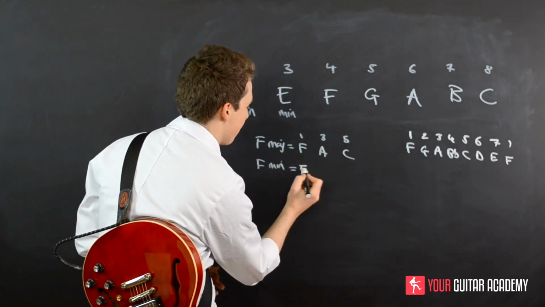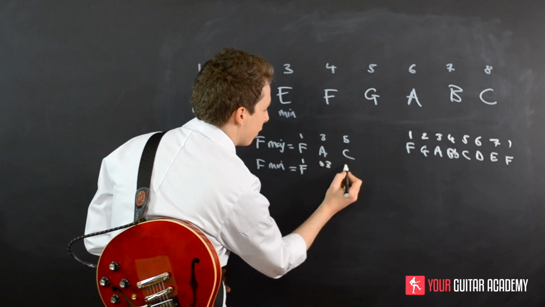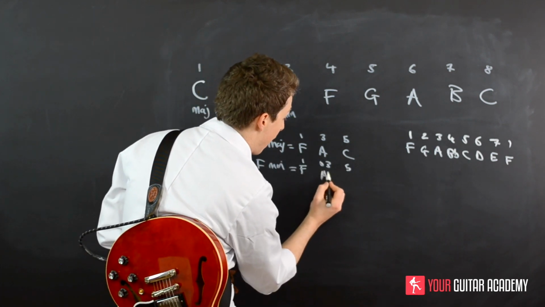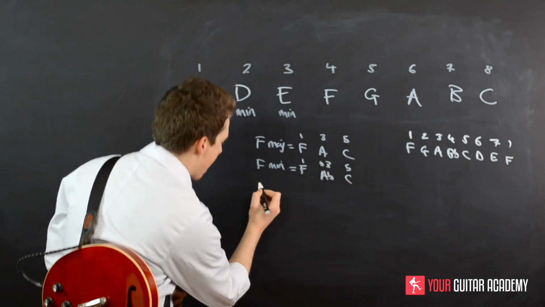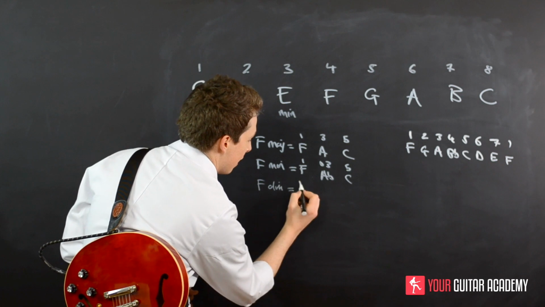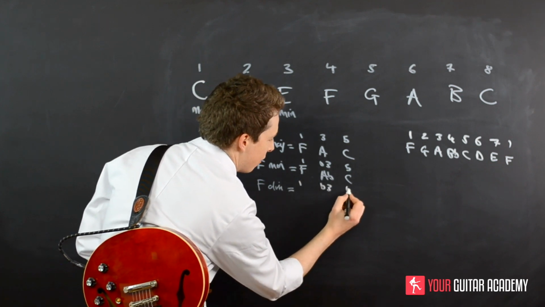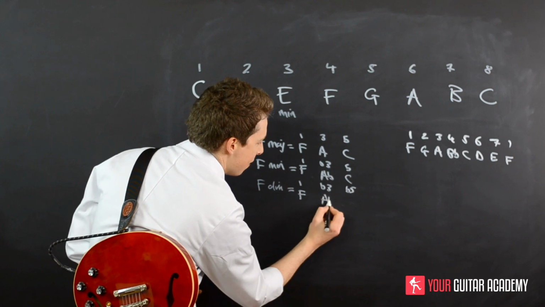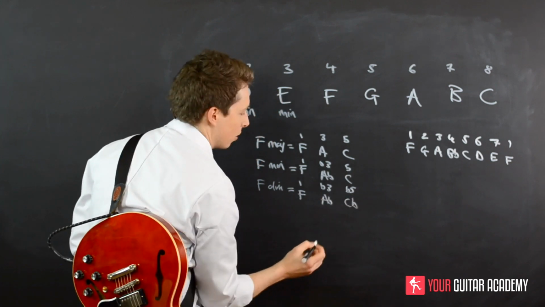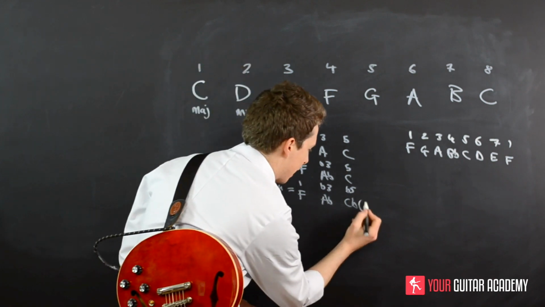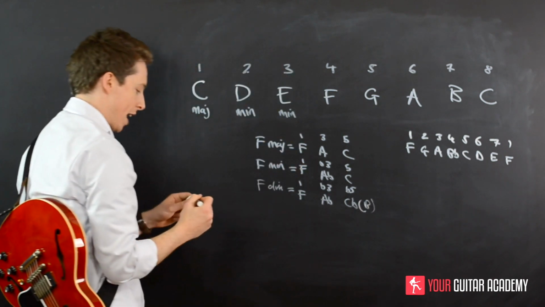The F minor is the first, flat third, and fifth, so a flattened third is an A flat, and then a C. And then an F diminished, because one of these days we will get to a diminished, not today though. Flat third, flat fifth is going to be F, A flat, and C flat, which is really a B. I'll just put that in brackets, but we're not going to worry about that right now.